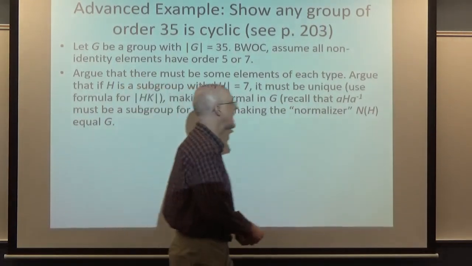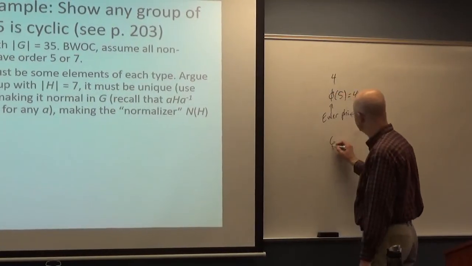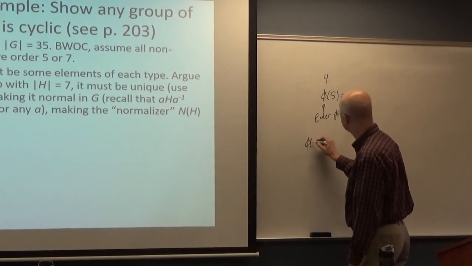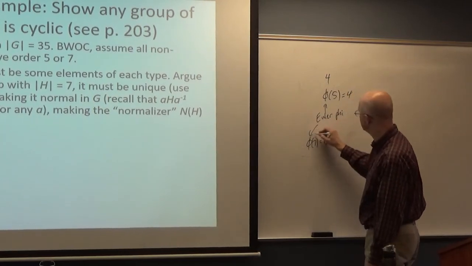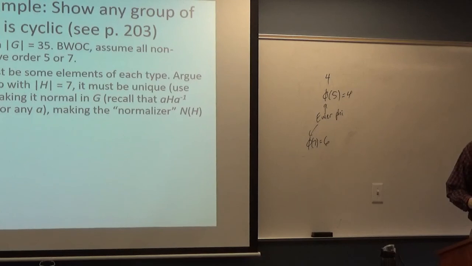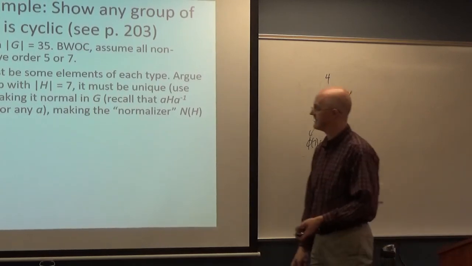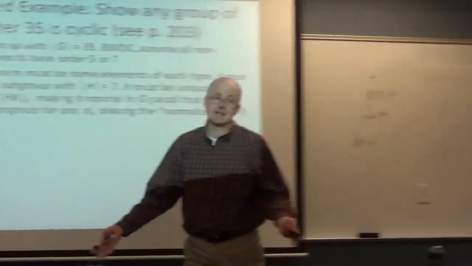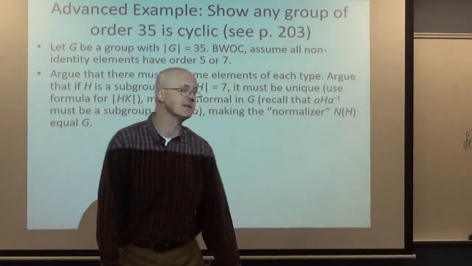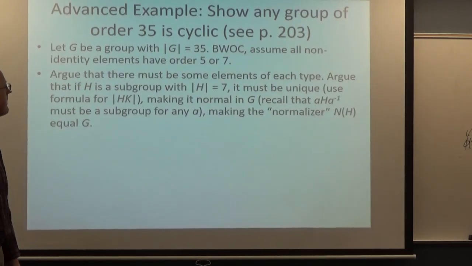Could they all be order 7? No, because elements of order 7 come in collections of 6, since Euler phi of 7 equals 6. And 6 does not divide 34 either. So there must be some elements of order 5 and some elements of order 7, which of course then generate cyclic subgroups of order 5 and order 7. And those subgroups do have to be cyclic because 5 and 7 are prime.